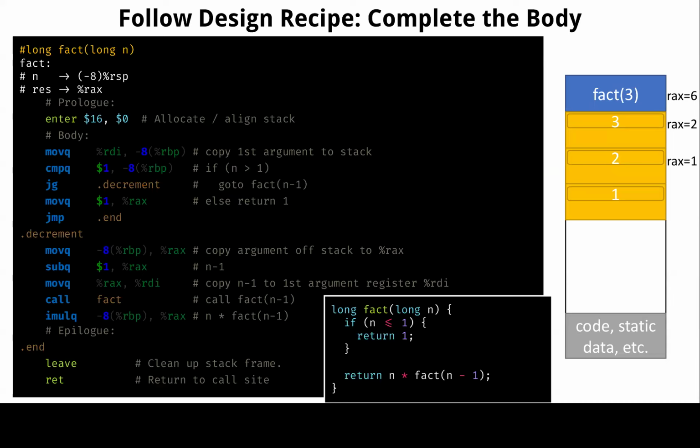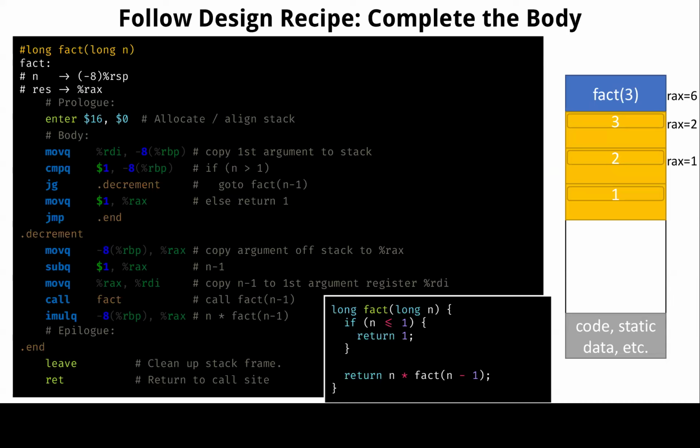But later, you're going to come back to this function, and that n is still supposed to have the same value. If you use RDI, that will be tricky, because the RDI value will be overwritten there, right? That's why we save that to memory, to a stack place here first. Technically this compare here, you can still use RDI because they have the same value. But it's better to save it.